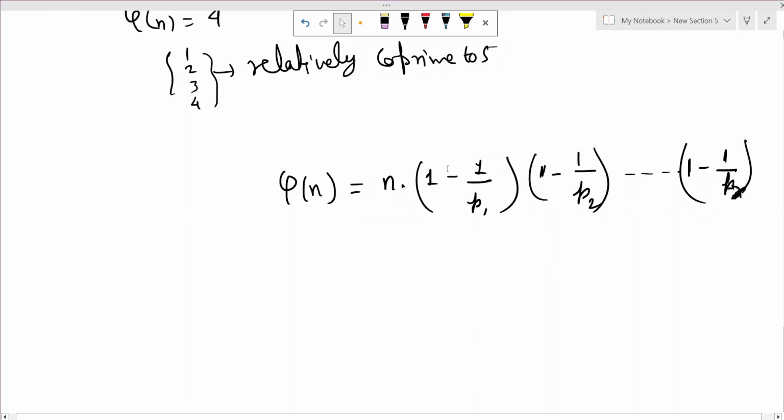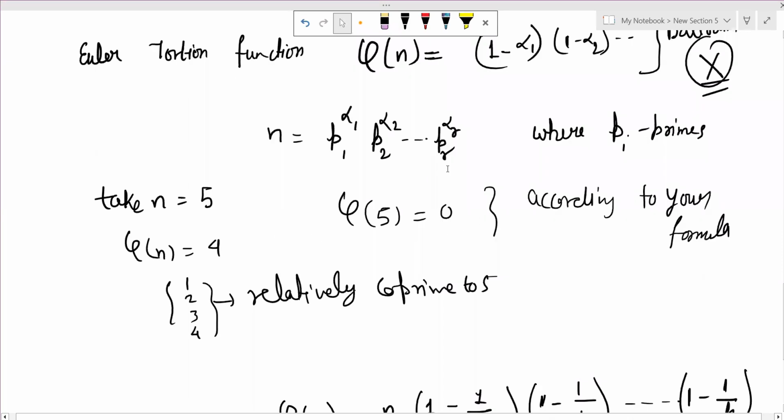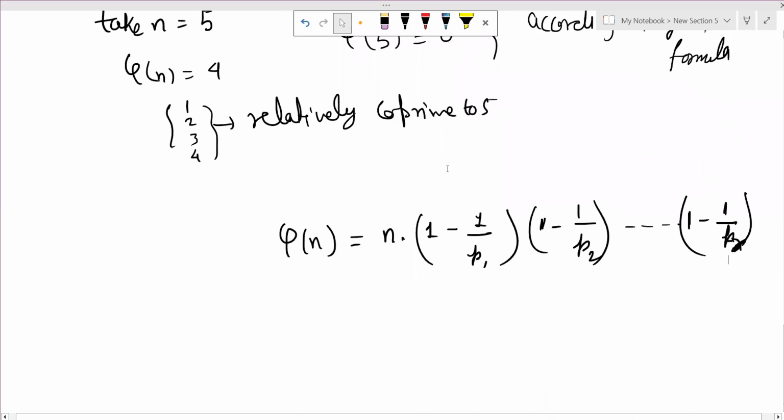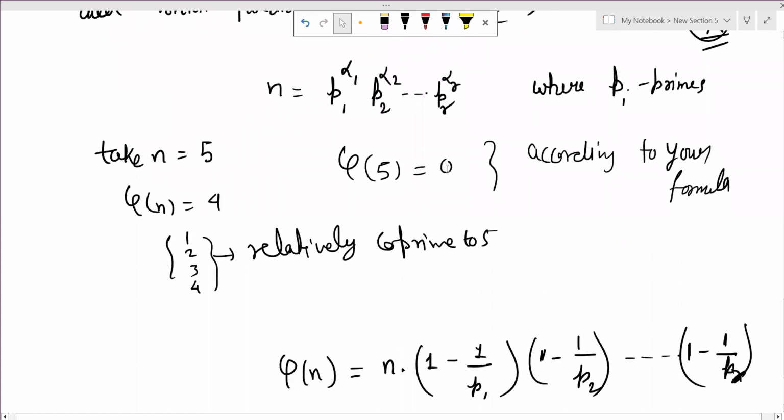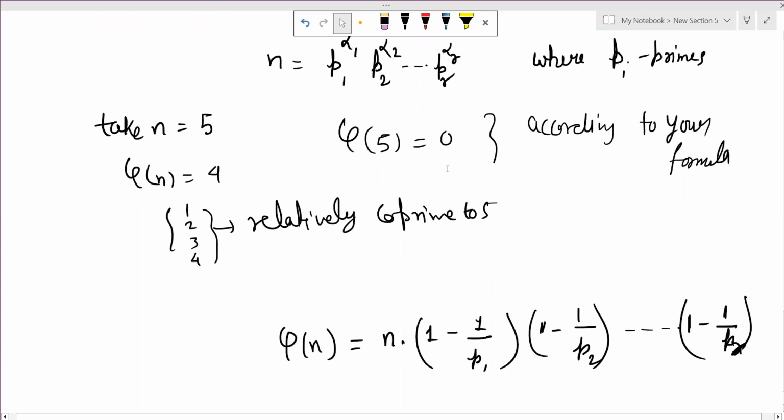So phi n basically denotes the number of positive integers less than n and co-prime to n. Like phi 5 is 4, phi 3 is 2, phi 4 is basically 1 and 3, so 2. These pi are the primes coming in the prime decomposition of n.